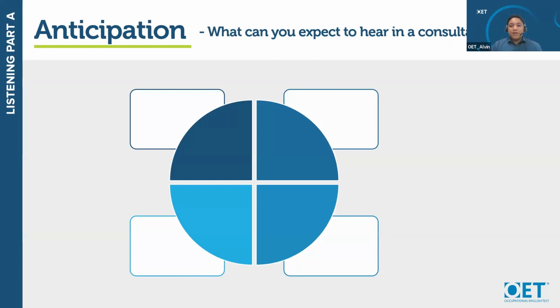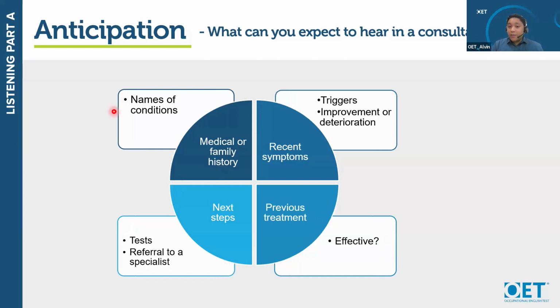If you have any other answers, please send it on the chat box so everybody could see. Some examples are: one, medical or family history; two, recent symptoms; three, next steps; four, previous treatment, right? For example, if you are a healthcare professional in a patient consultation, you might hear details about the names of conditions for medical or family history, the triggers or improvement or deterioration for recent symptoms.